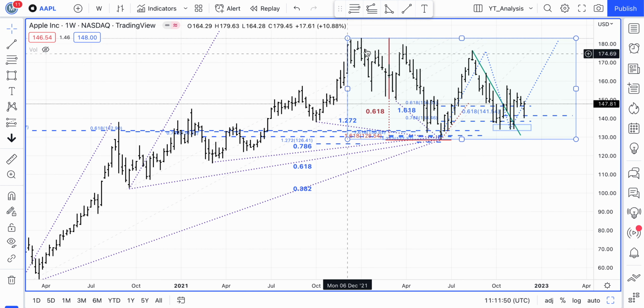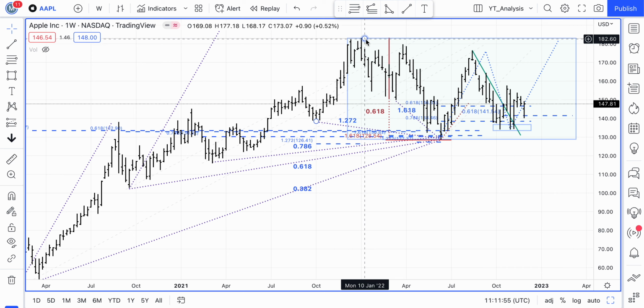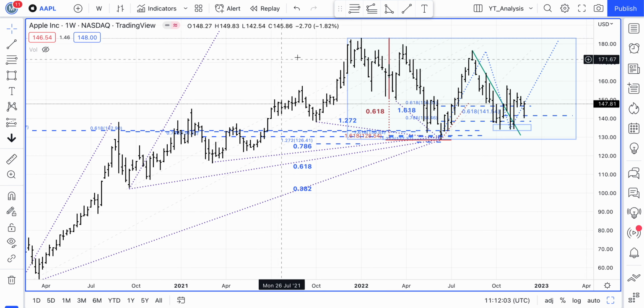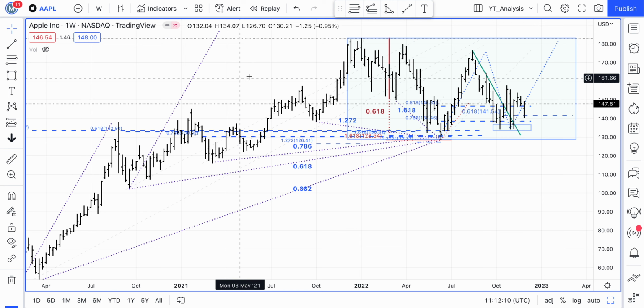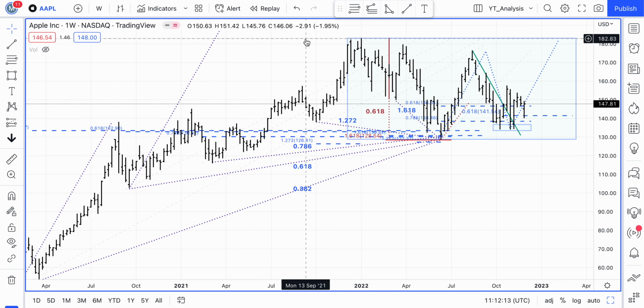And if you are interested in looking at this level of 182, please do revisit and find some videos on Apple on our channel, where we showed you while this was happening why this level is such an important level, because there were key pattern formations coming together and forming a confluence level, and we were informing that the 180 to 182 level per share is going to be a very key level where price could actually top.